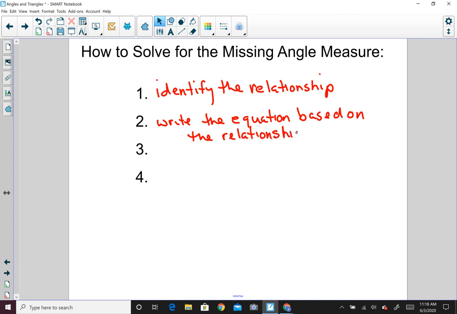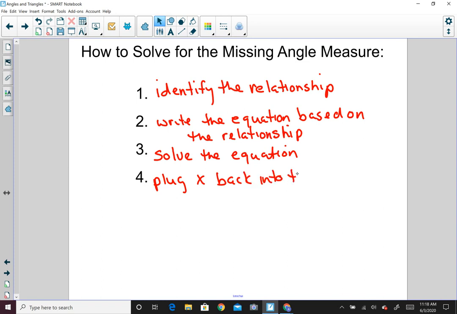Once you write the equation, solve the equation. Once you've solved and found x, you're going to plug x back into the diagram and get your angle measure.